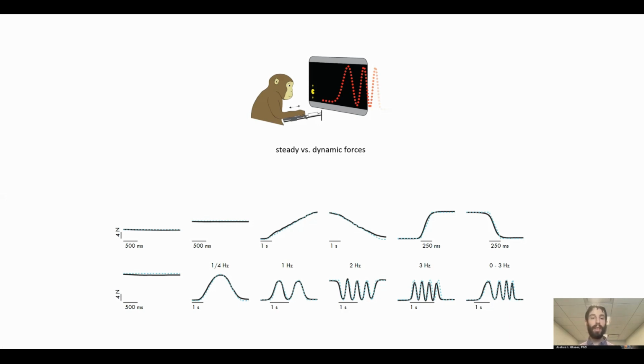I also want to mention that there were two completely additional experimental paradigms, one in which the monkey made forces in different postures, which changed the muscle length, and the second in which we stimulated the motor cortex to causally show the effects on motor unit recruitment. Today, I'm just going to be talking about these dynamic force experiments, but the results from the other experiments have the same conclusion that I'll be talking about, relating to the flexibility of motor unit control.